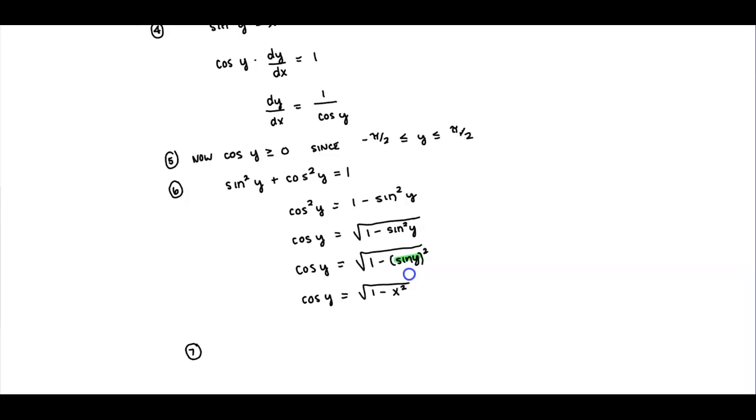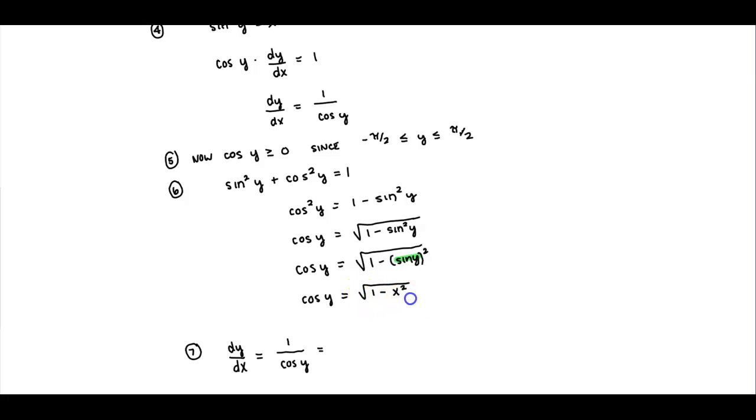And so now we know that dy over dx from step number 4 was equal to 1 over the cosine of y. And what did we determine that the cosine of y is? Well, it's the square root of 1 minus x squared.